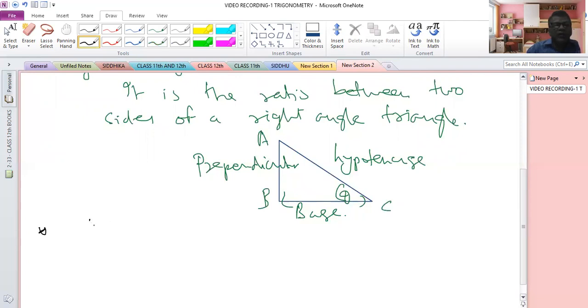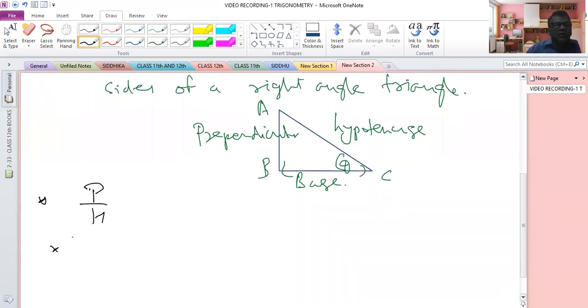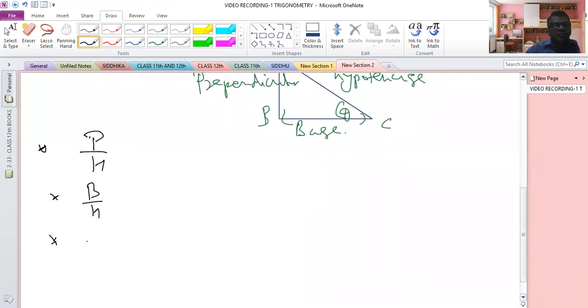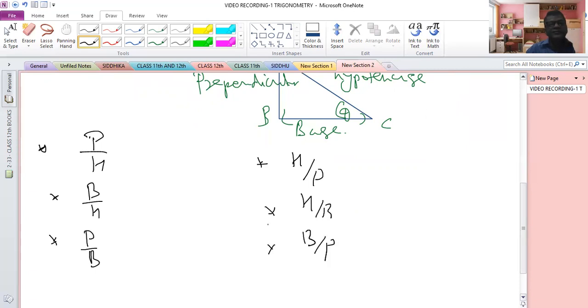Let us denote the perpendicular by the letter P and hypotenuse by the letter H. Okay. I can form the ratio between base and hypotenuse. I can form the ratio between perpendicular and base. Okay. I can form the ratio between hypotenuse and perpendicular, between hypotenuse and base, and between base and perpendicular. Okay.